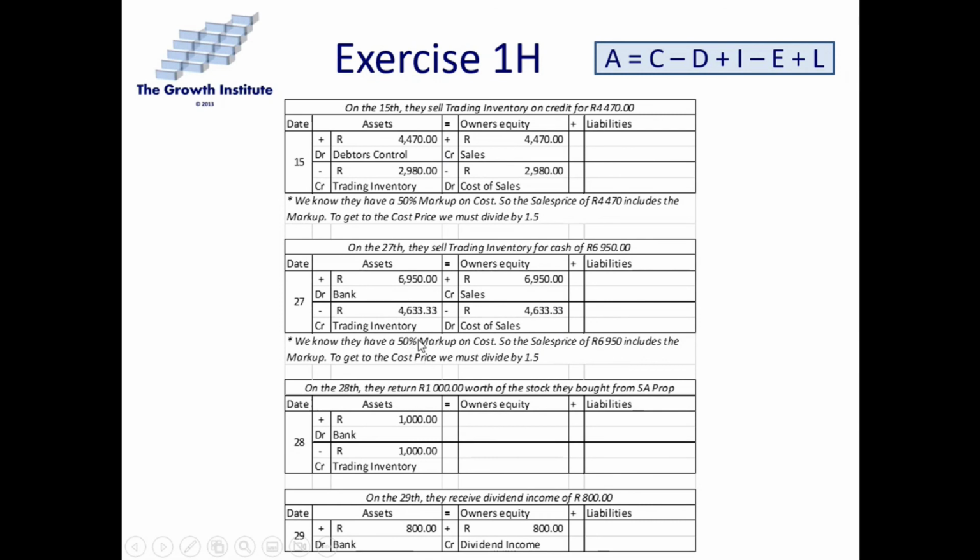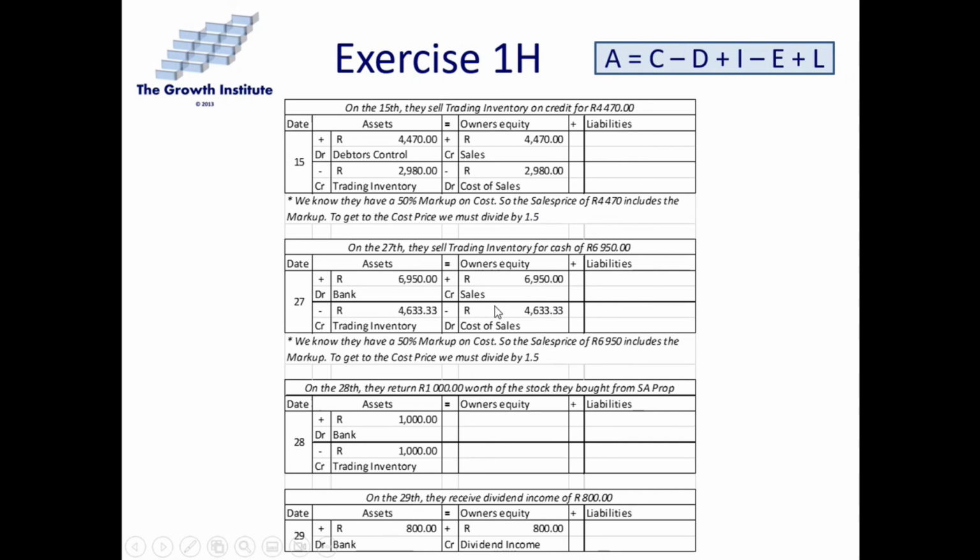We are going to divide the 6,950 by 1.5. Our trading inventory is decreasing, so we record it on the credit side. The contra account is cost of sales, and that's what is decreasing on the debit side. And I say decreasing, I mean it is our owner's equity that is decreasing.